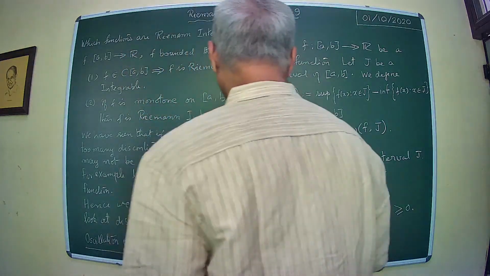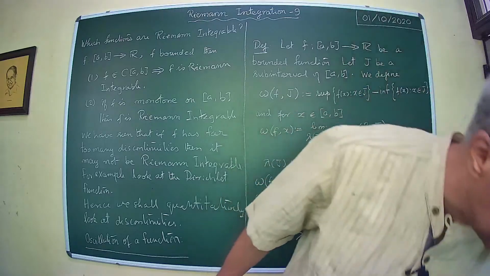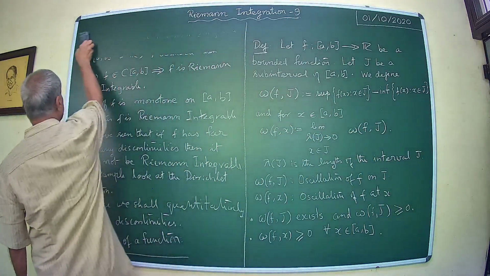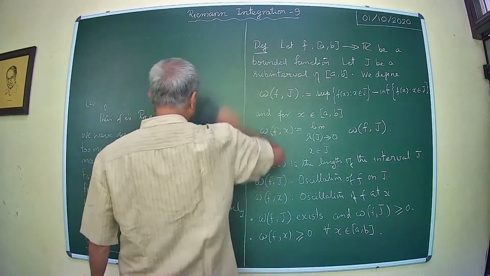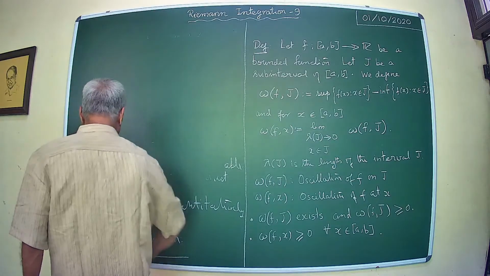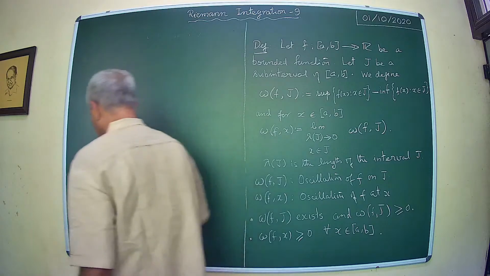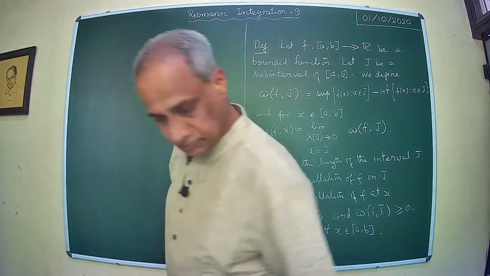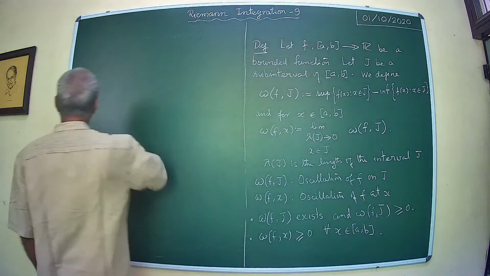Now we will look at some examples to get a feeling for these things and then connect it up with continuity and discontinuity. So we were after quantifying the discontinuities. So this tool seems to give you the right machinery to talk about the quantification. Let us look at some examples.